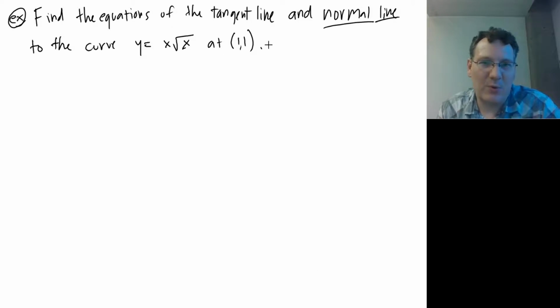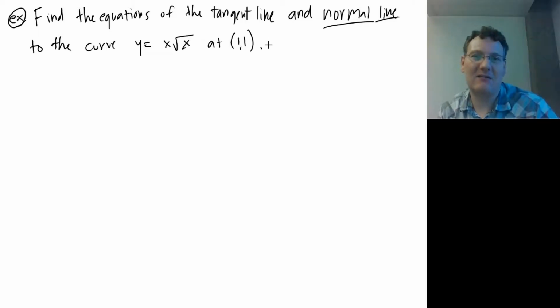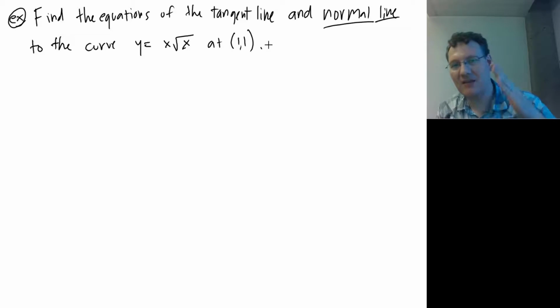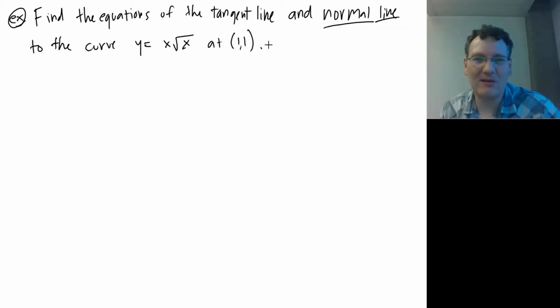So here's another example. If I wanted to find the equations of both the tangent line and the normal line to the curve y equals x root x at the point (1, 1), here's how we do it. Now the normal line is perpendicular to the tangent line. So the tangent line and the normal line meet at a 90-degree angle at that point. Okay, but let's find out what we need to do.